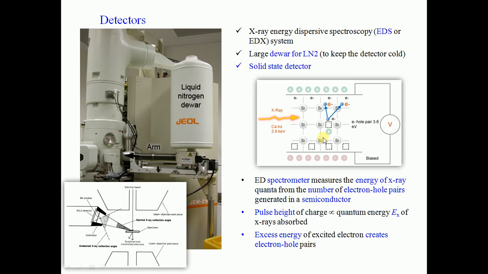Depending on the energy of the absorbed X-rays, the electron-hole pair current is generated, and the pulse height is proportional to the energy of the X-ray absorbed. So the absorbed X-ray can be conveniently distinguished, identified and categorized. So these are the detectors in energy dispersive analysis; they are solid state detectors, silicon detectors.